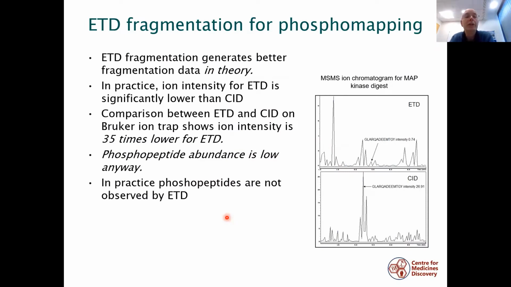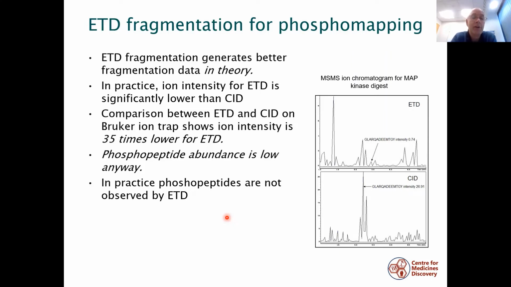The problem with ETD is that in early ETD systems like the one that we have, although the fragmentation data is better in theory, in practice, the ion intensity for ETD is much lower than it is for CID. When we have compared the two on a phosphopeptide, what we have seen is that the intensity for ETD is 35 times lower than it is for CID. So put this into context.